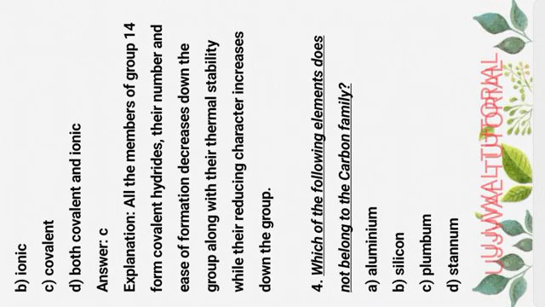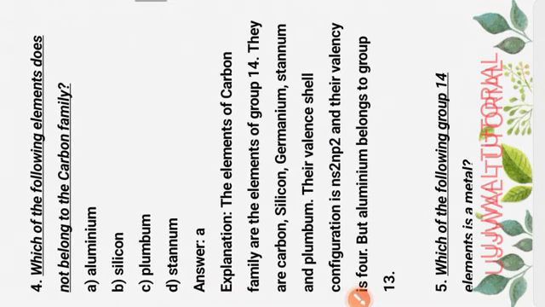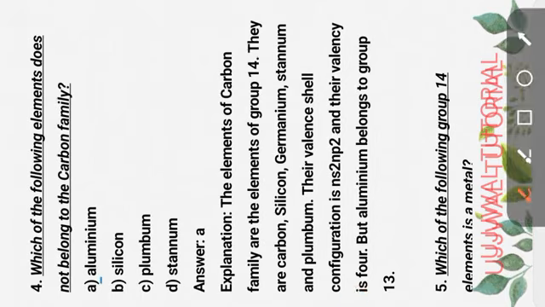Next question, question number 4: which of the following elements does not belong to the carbon family? Option A, aluminium. To explain, the elements of the carbon family are the elements of group 14: carbon, silicon, germanium, tin and lead.